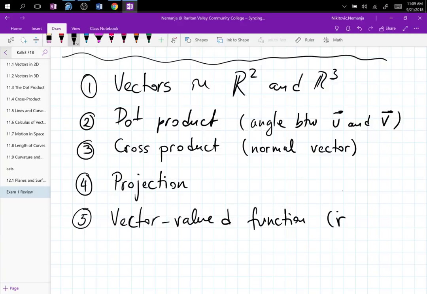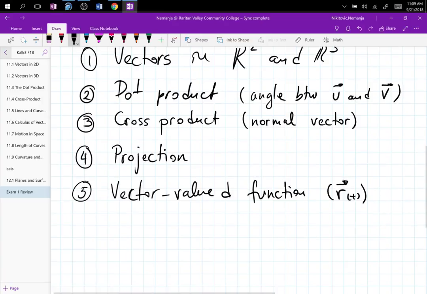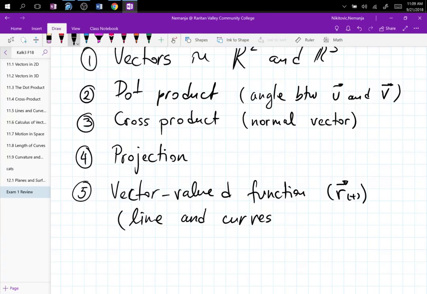And that's your r of t, which is a set of parametric equations. And we learned how to describe lines and curves in space, in R3.